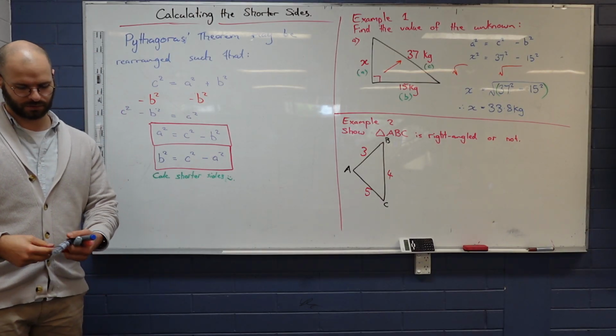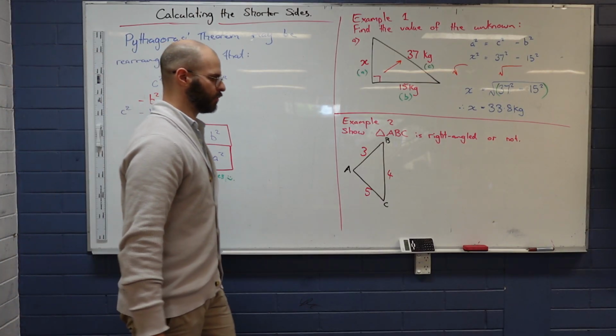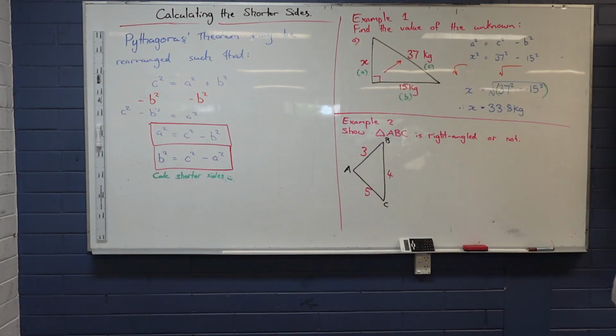We want to know, is this triangle right angled or not? I warn you, it's not drawn to scale.